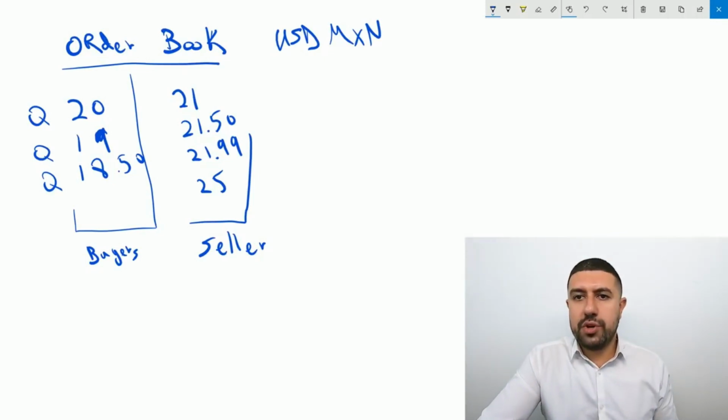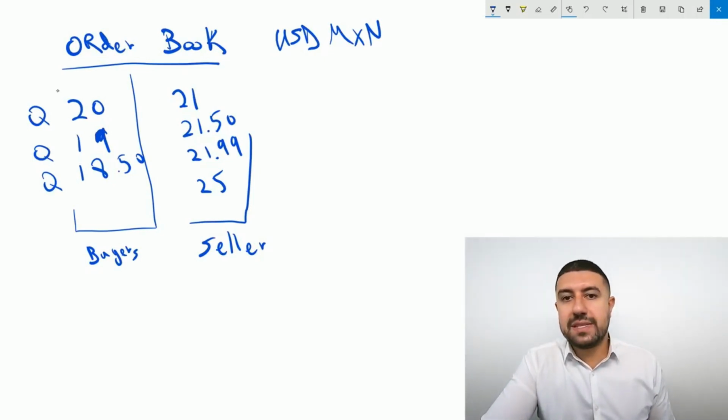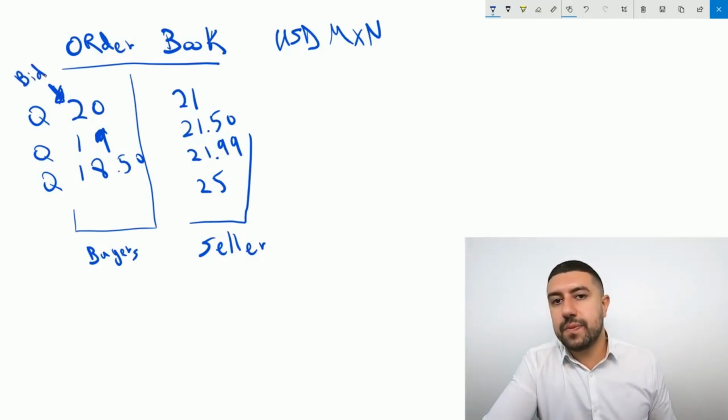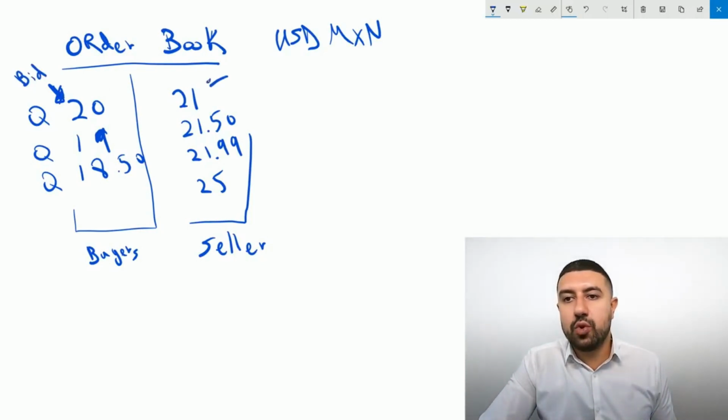Now, in the order book, the best buyer here, or the buyer who's willing to pay the most, we call this the bid. Okay? And here, the seller who's willing to sell at the lowest price, we call this the ask.